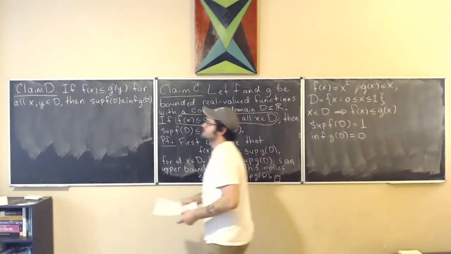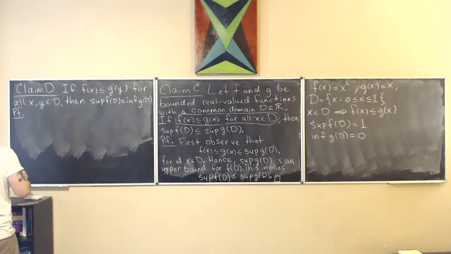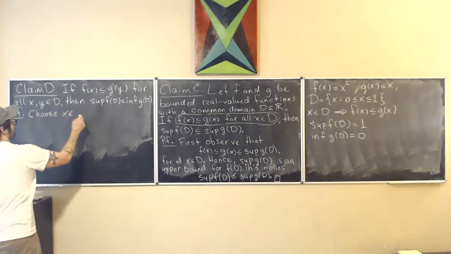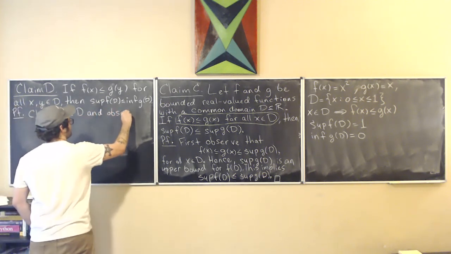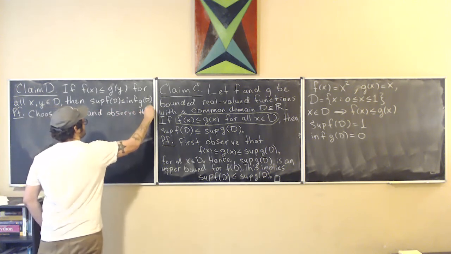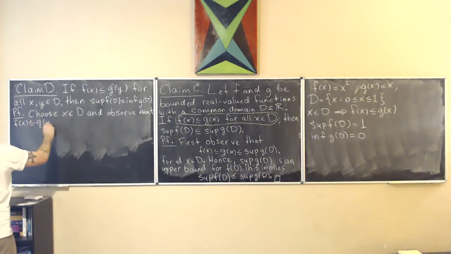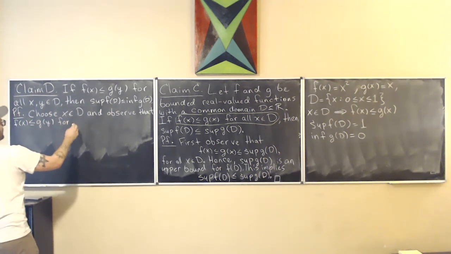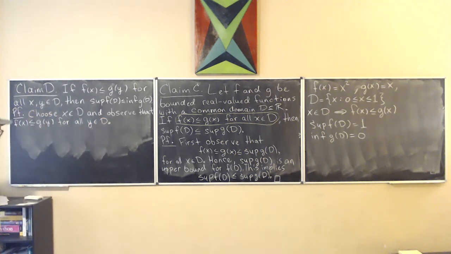Okay, so let's look at the proof of this. Choose some arbitrary x in D and observe that f of x is at most g of y for any choice of y, for all y in D. Okay?